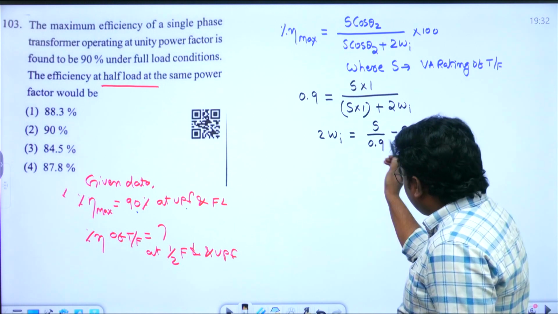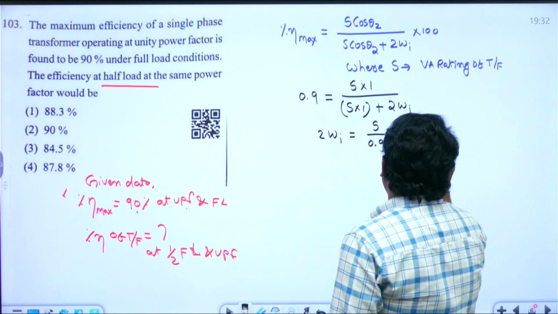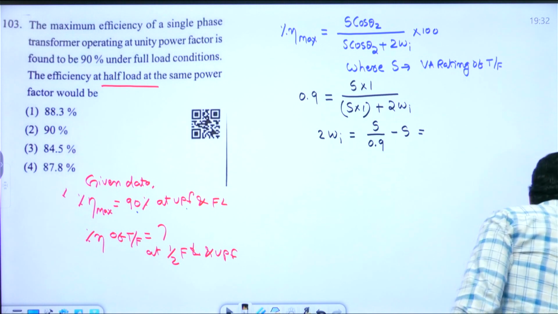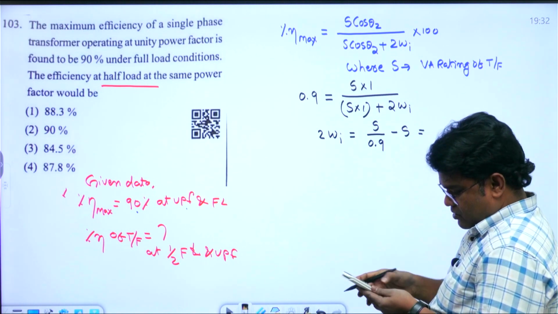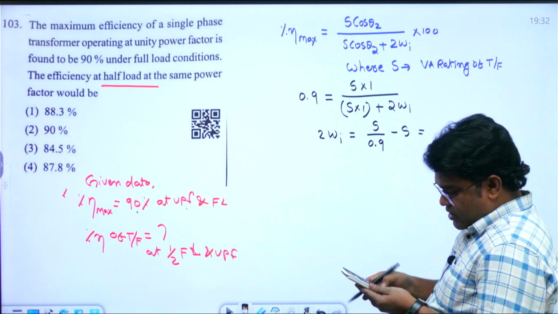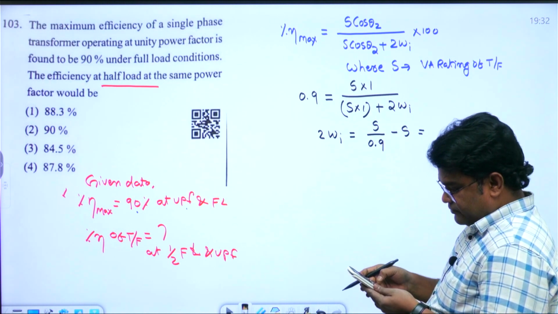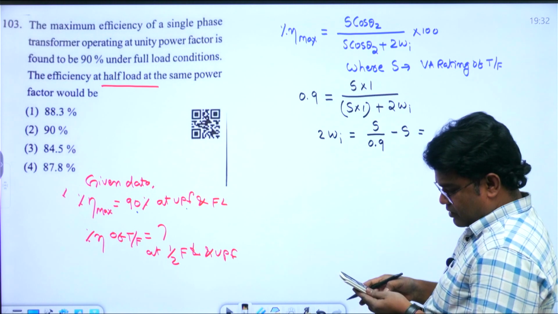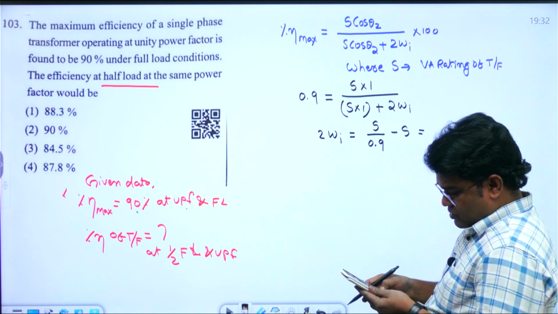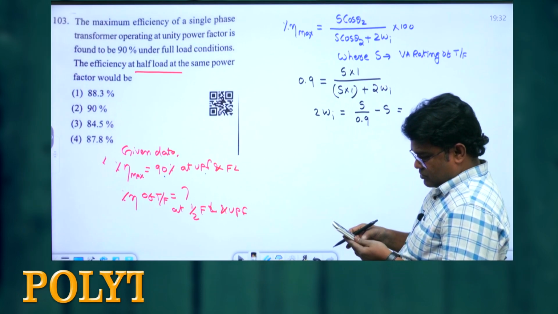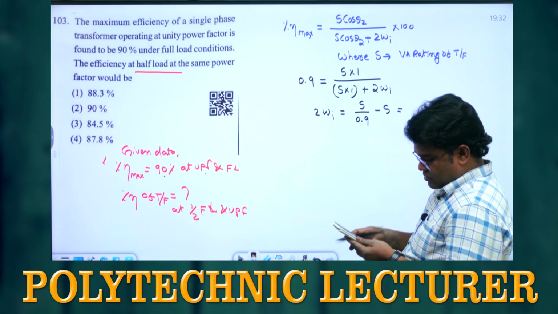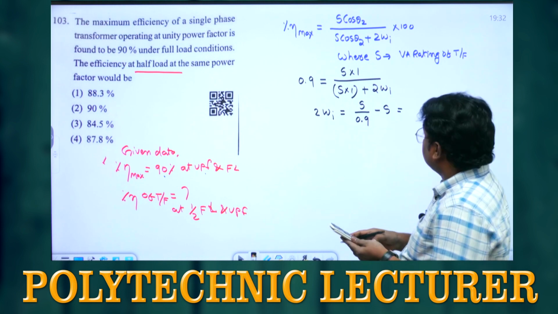Now let us find out the iron losses. We can solve this one: 1 divided by 0.9, minus 1.